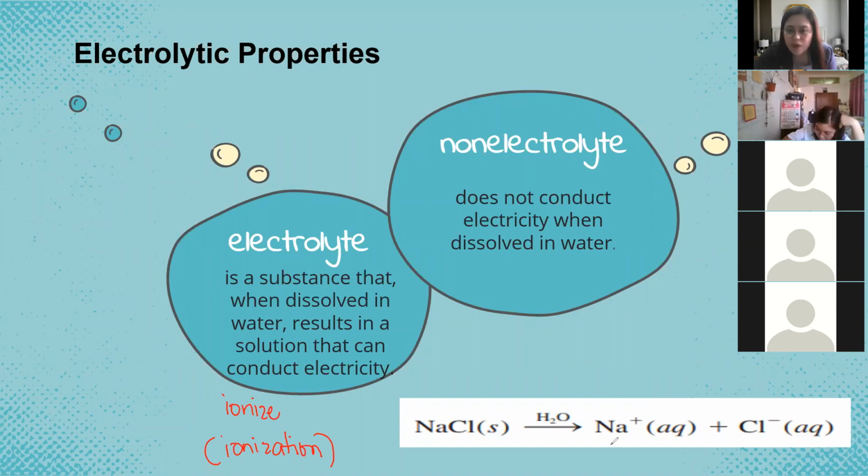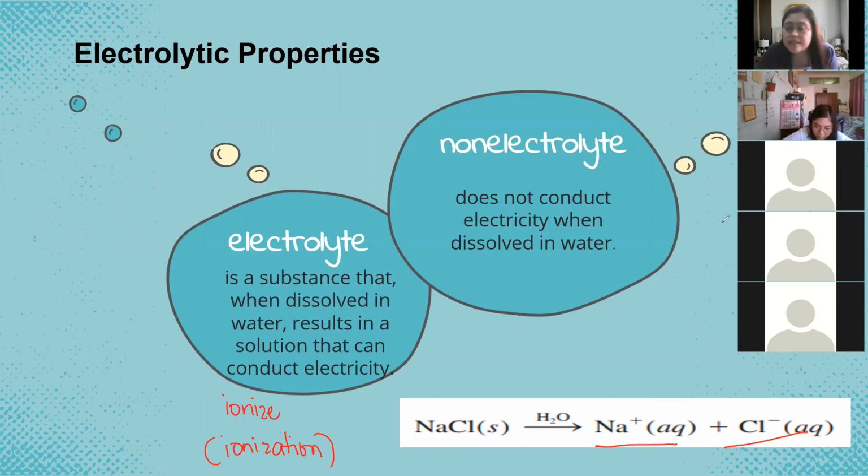So like this one, paglagay mo sa sodium chloride sa water, you will get the sodium ion and the chloride ion. Ang AQ dyan, ang meaning niyan, aqueous, meaning the sodium and the chloride are both present in the aqueous solution. Again, the process is called ionization.